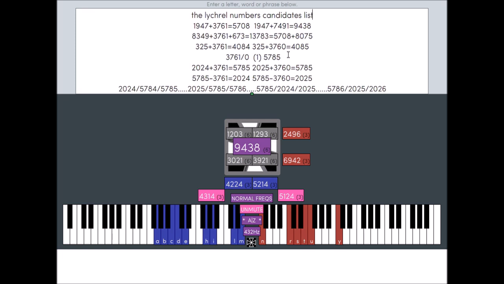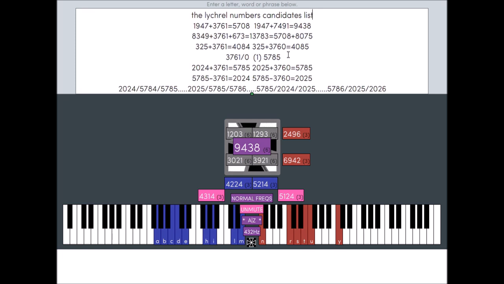Why does our time say what our time says? It's the Lychrel numbers candidates list. That's the only reason the AD time is what it says. And then the relation between the two calendars is always relating and repeating things from the past.